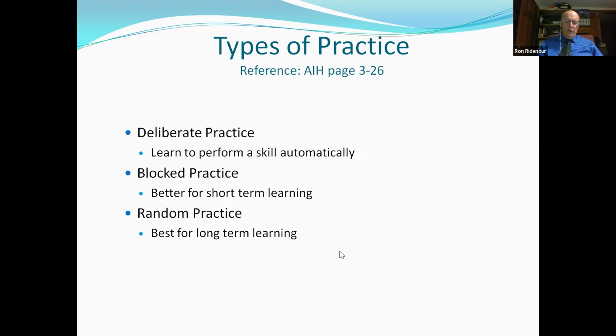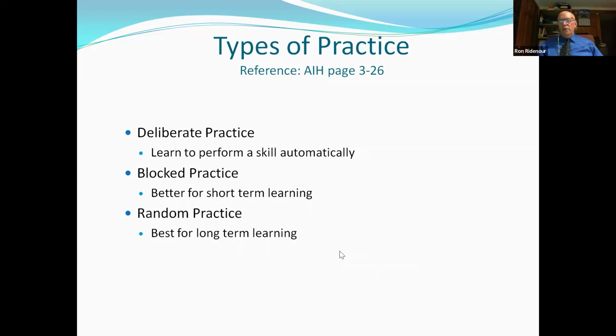Random practice is the fact that some days they come out on days when the conditions are ideal.